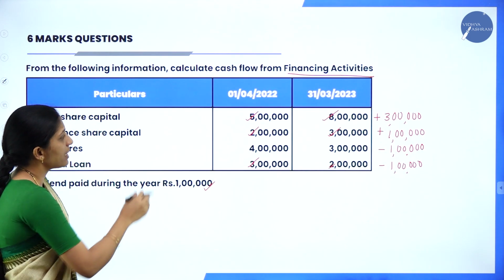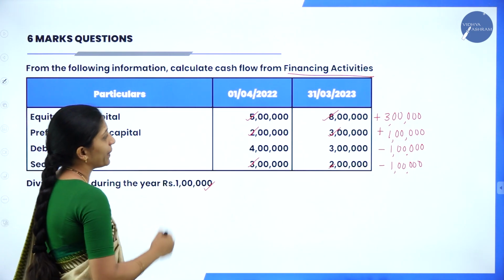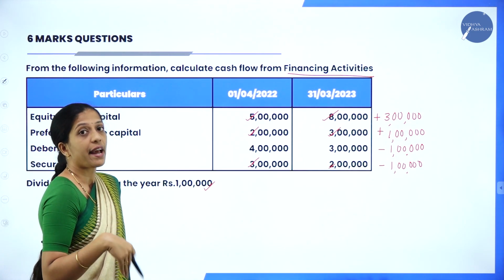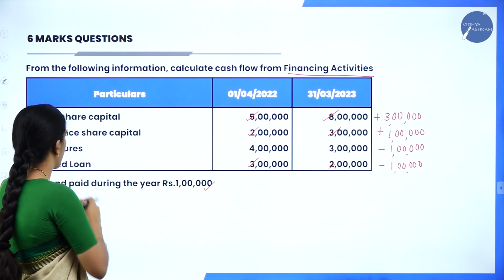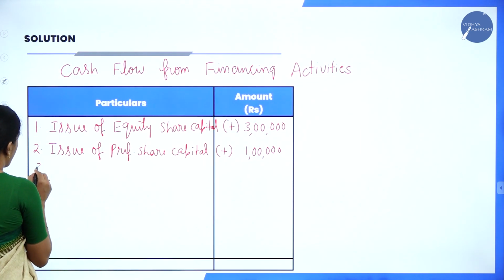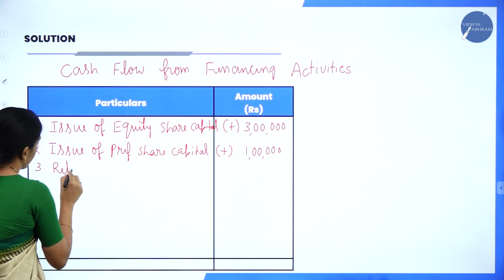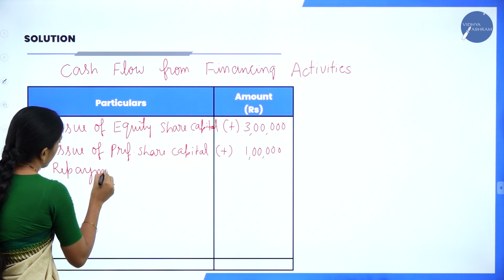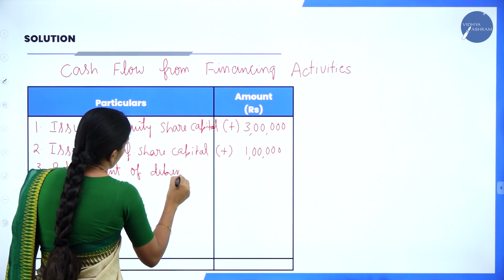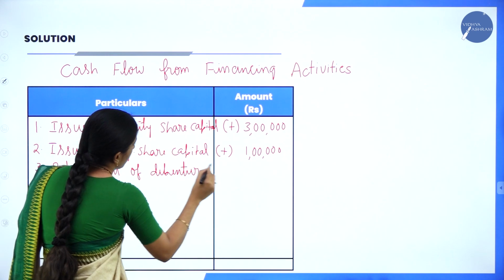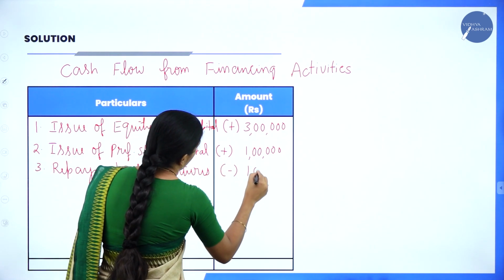Next one, debentures. Earlier it was 4 lakh. In 2023 it is 3 lakh. In the sense they have paid the debentures of 1 lakh. So minus 1 lakh. So repayment of debentures, it is minus 1 lakh.